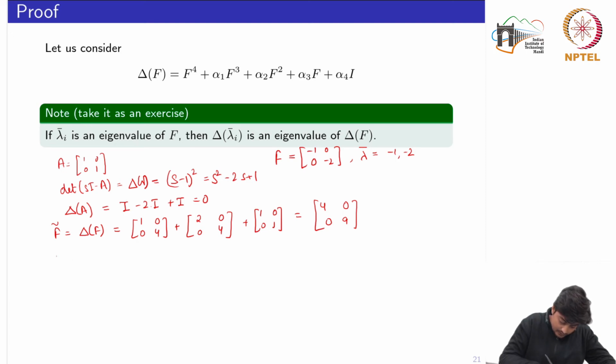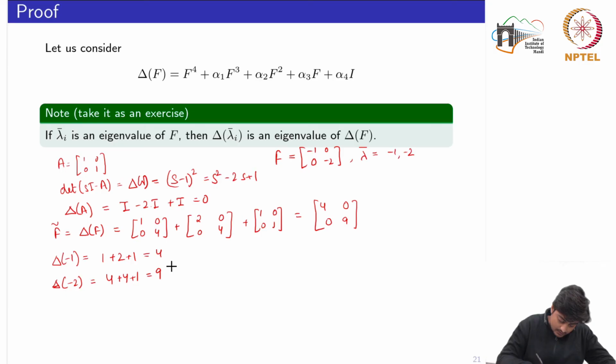So once we compute delta of -1, delta of -1 would be equal to 4, and again delta of -2 would be 9.